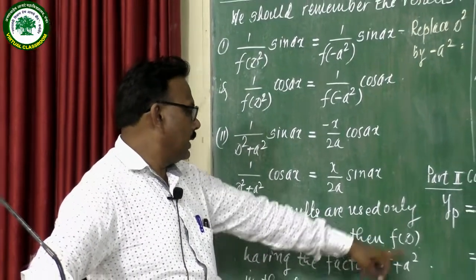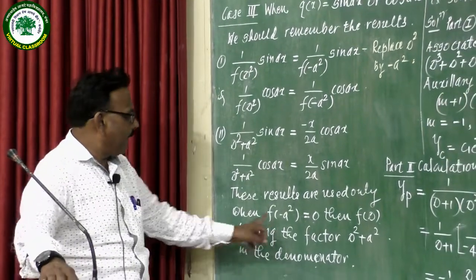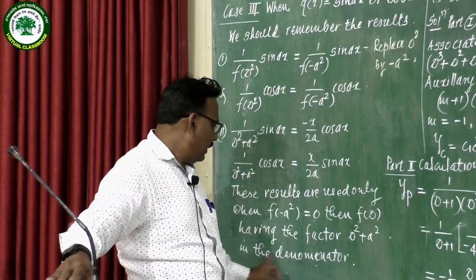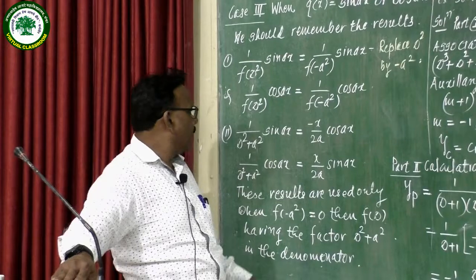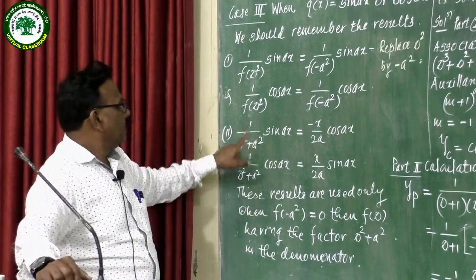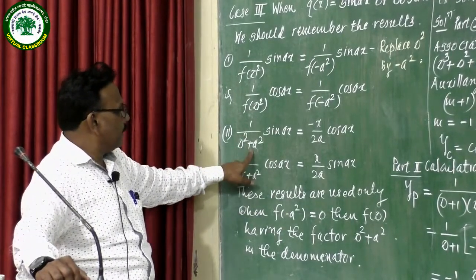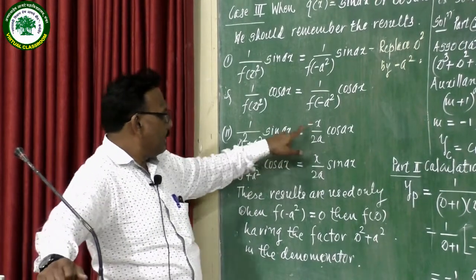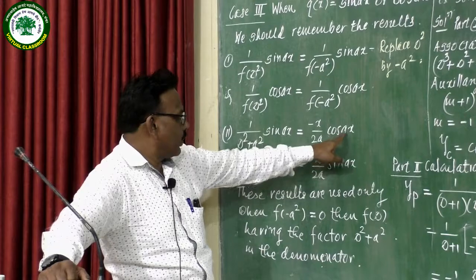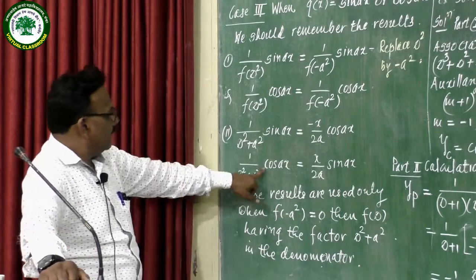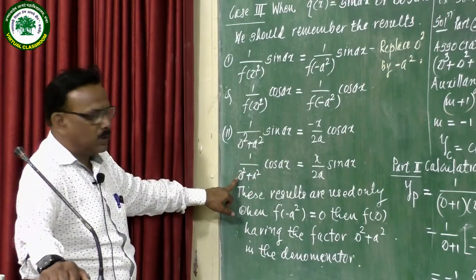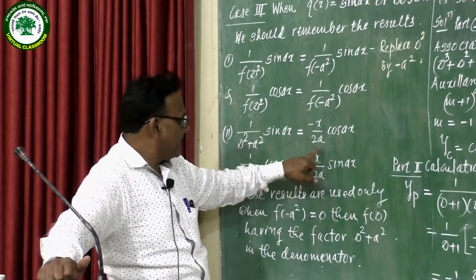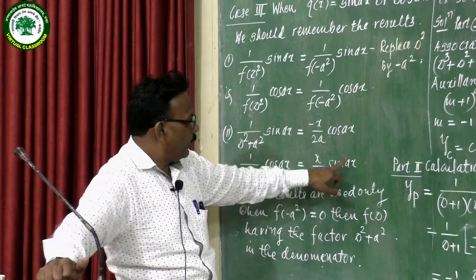In this case, the polynomial f of D has the factor D square plus a square as part of the denominator. 1 over D square plus a square sine of x will be simplified as minus x upon twice a cos of x, and 1 over D square plus a square cos of x will be simplified as x upon twice a sine of x.